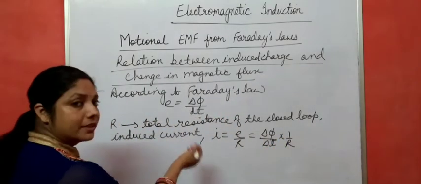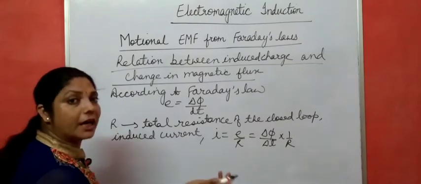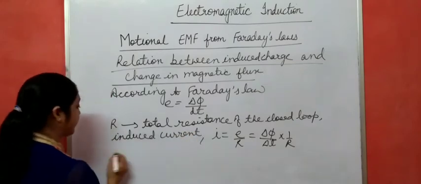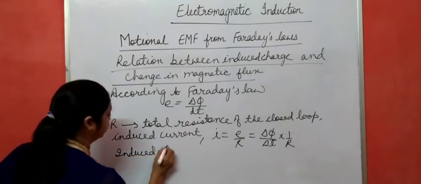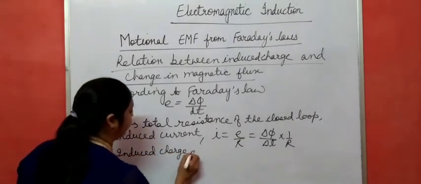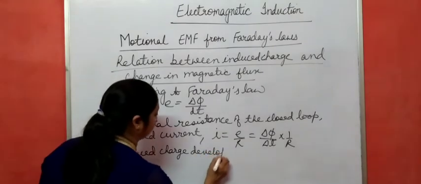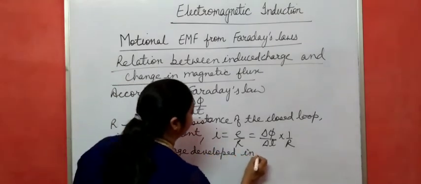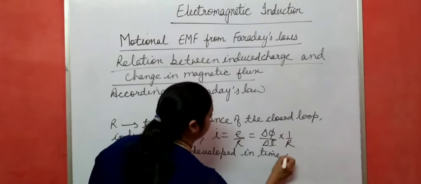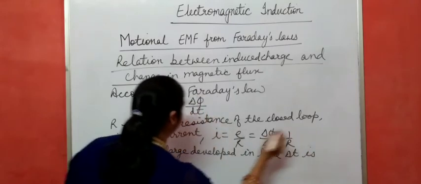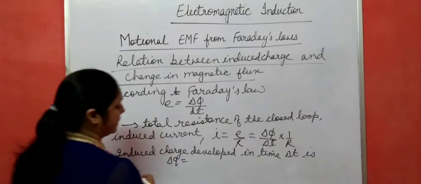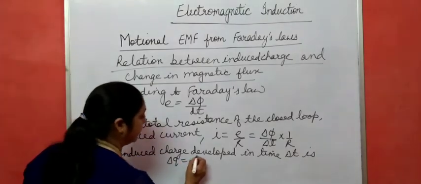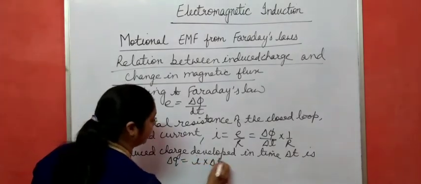Due to this induced current, induced charge is developed. The expression for the induced charge developed in a small time delta t: delta Q is given by I into delta t.